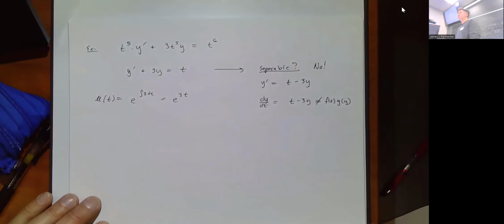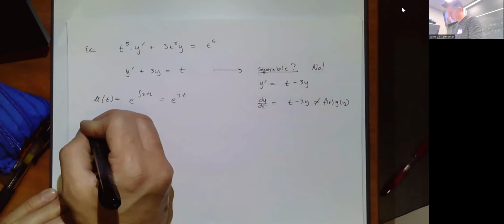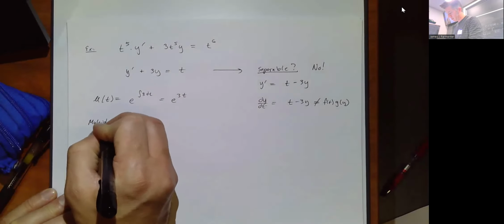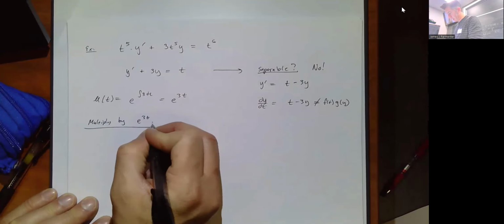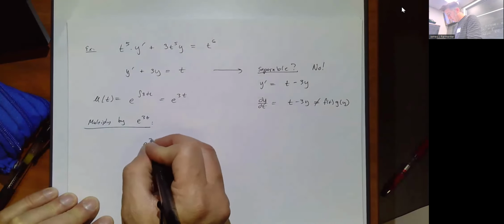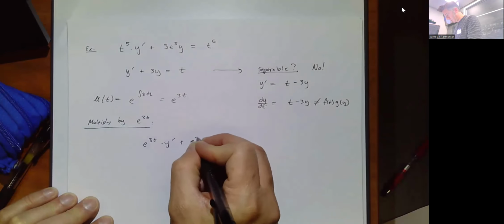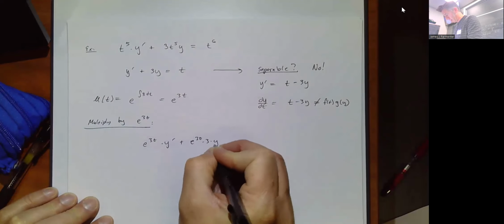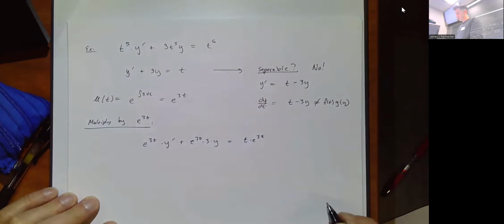Cool. Let's show the work, because it's good to show the work. All right, so multiply by that. So we're going to get e to the 3t times y prime plus e to the 3t times 3 times y equal to t times e to the 3t.